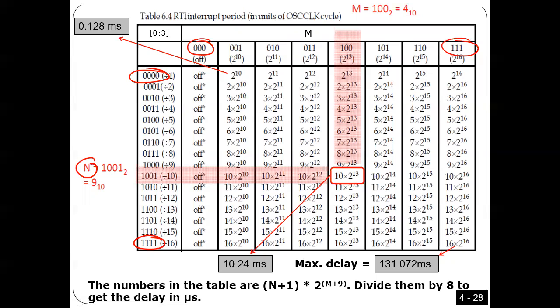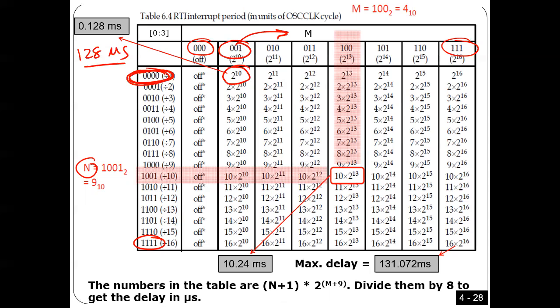For example, if you select this one, it is going to give you the minimum time. Minimum time is 0.128 millisecond or 128 microseconds. This is the minimum you can get. I cannot get less than that. To get this minimum, these are the numbers you have to write in N and M, okay?